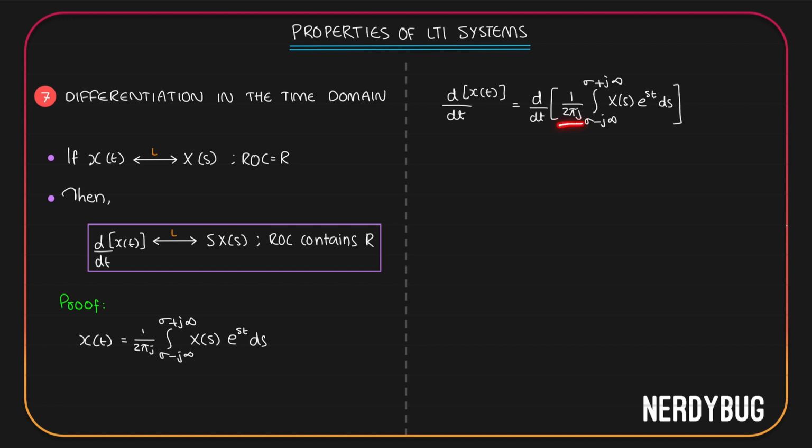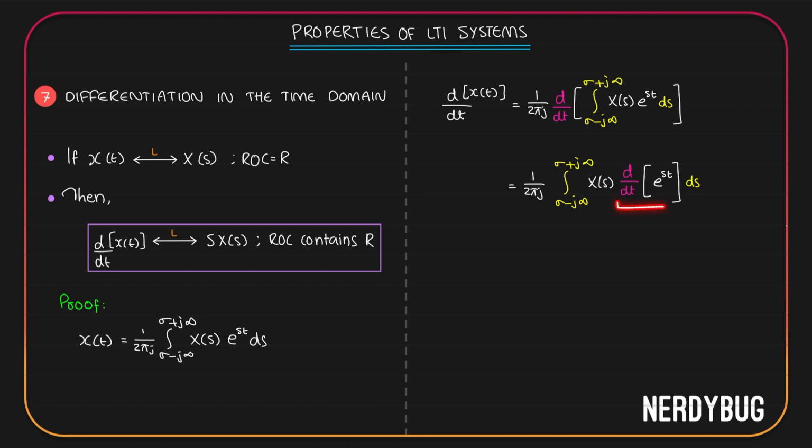Here 1 by 2 pi j is a constant, it can come out of the differentiation. We have an integration, we also have a differentiation. Let us change their orders. We'll do differentiation first and then integration. The differentiation is with respect to the variable t and x of s is a function of s, so it can come out of the differentiation.